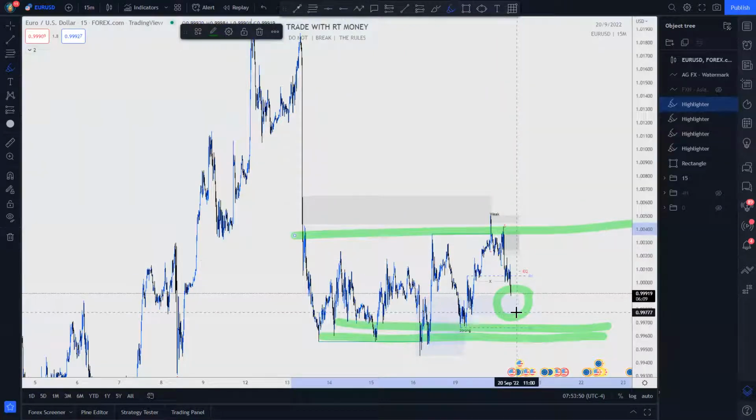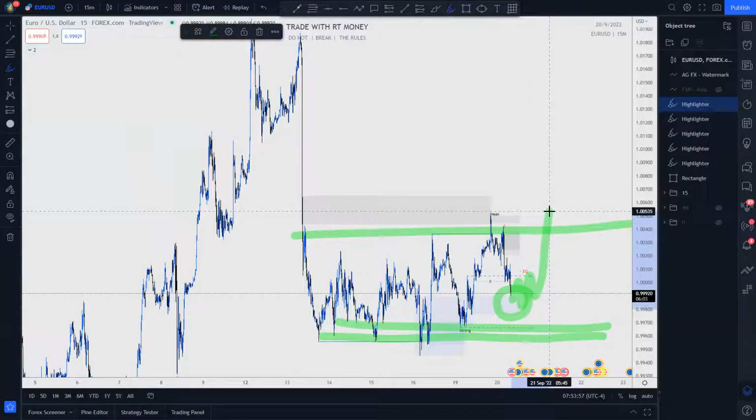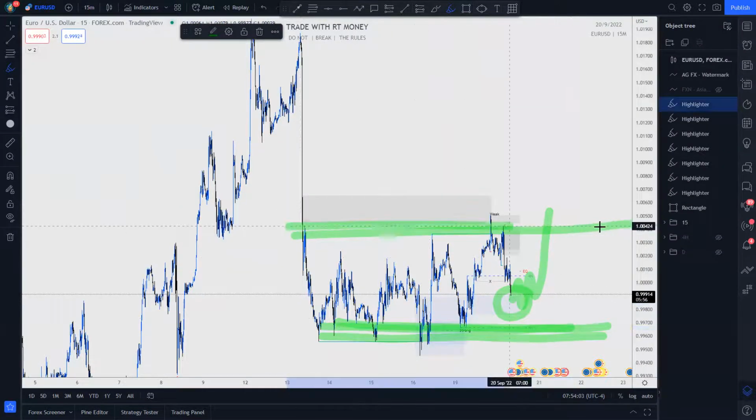And I caution you to wait until you get a great indication that price wants to go up, and you already know what to look for if you've been watching my videos. This is the area that you want to take trades from, at the extreme ends of a range.